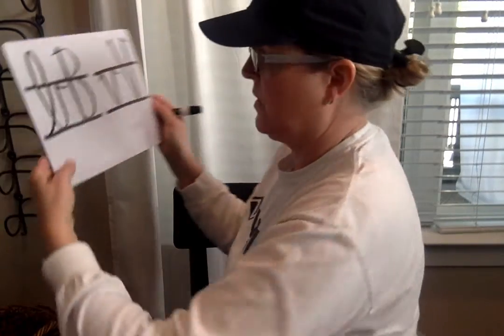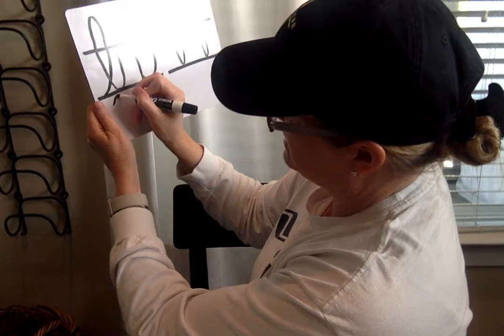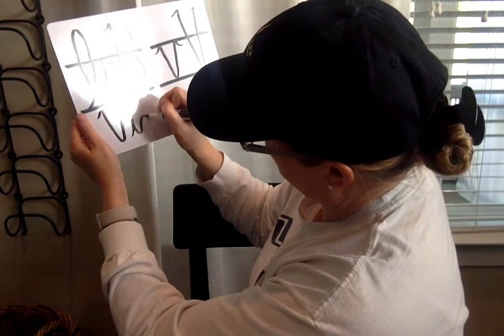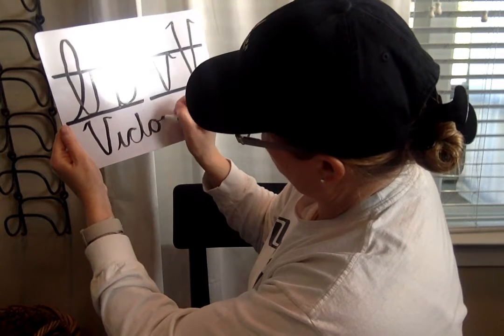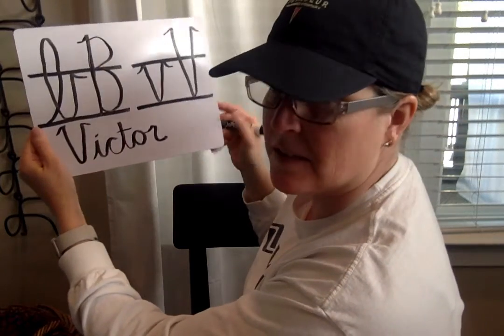Let me write a V word now. I'm going to write the word very. Oh, let's write the capital V first. We have a V in our class. Do you know who it is? That's right, it's Victor. Okay, so I'm going to write Victor's name first, the capital V. So it's capital V, I, C, T, O, R. There's Victor's name with a capital V. Notice it doesn't connect to the next letter.